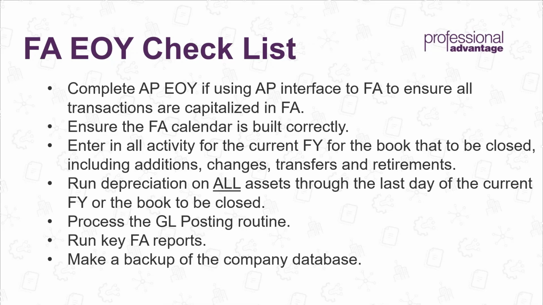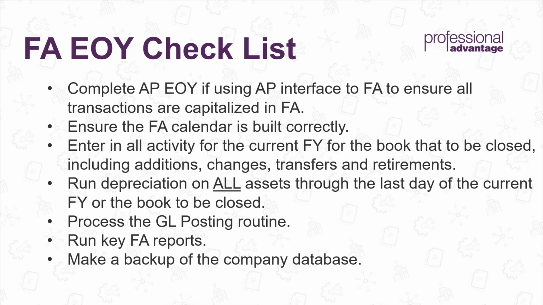Okay, that said, the list of things to prepare or check before we can run the year-end process for the fixed asset module is displayed here. We need to complete AP end of year first, and I just explained why. Ensure also that the fixed asset calendar is built correctly. Usually the fixed asset calendar, once it's built, follows your GL calendar.